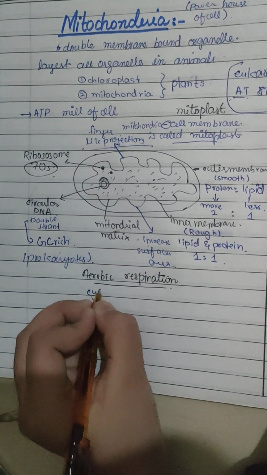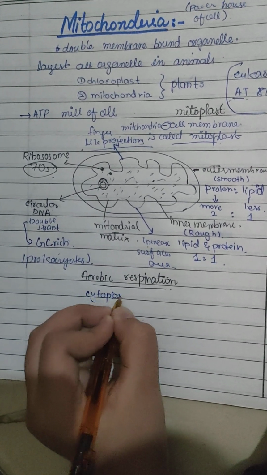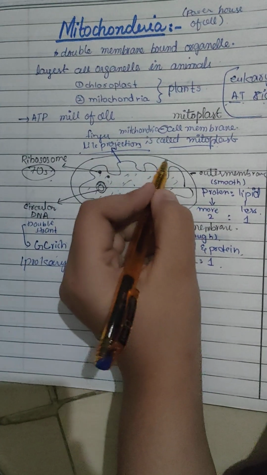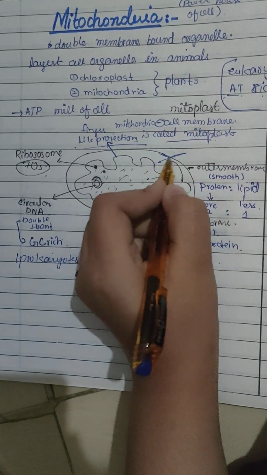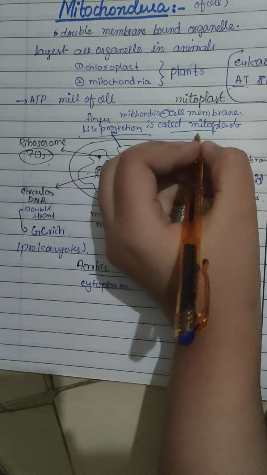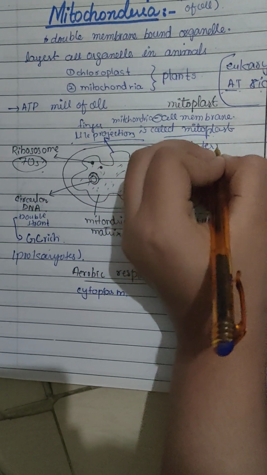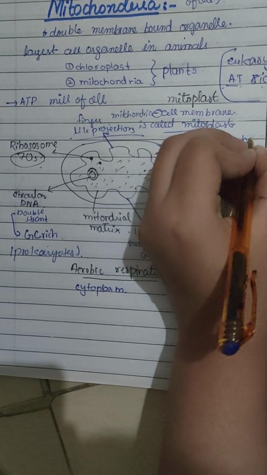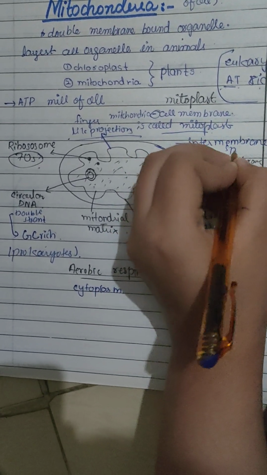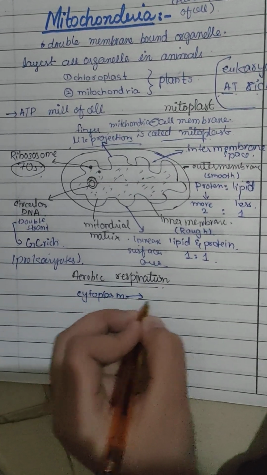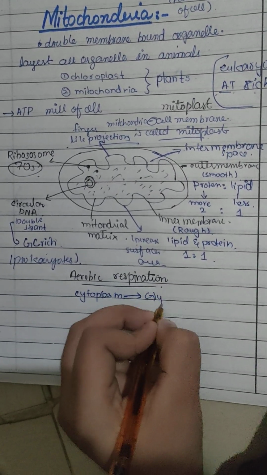So first of all, here cytoplasm, the matrix of mitochondria. Here one thing let me tell you, the space between outer membrane and inner membrane is known as intermembrane space. Okay, intermembrane space.